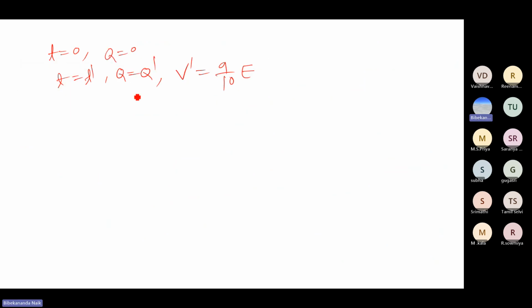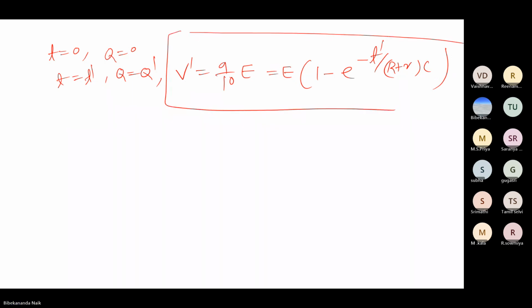So in this case, this V prime is 9 by 10 of E, which is equal to V0, that is E, into 1 minus e to the power minus t prime by RC. RC means (r plus R) into C. So this is the relation. And from this relation, we can find out the time t. So here, this E gets cancelled out.